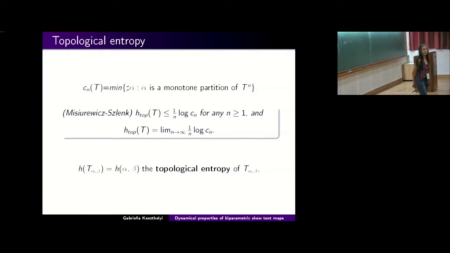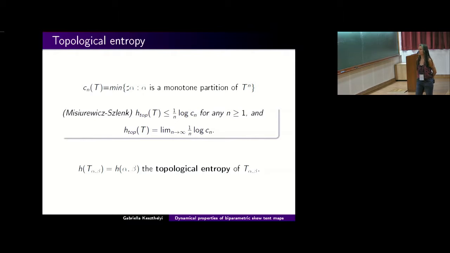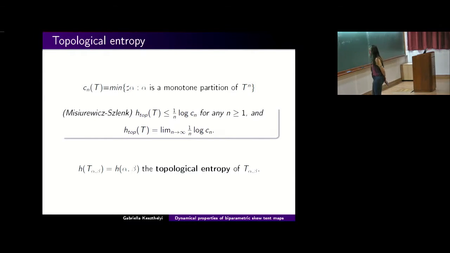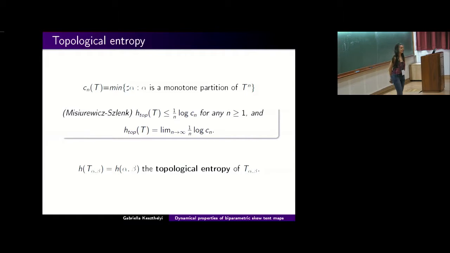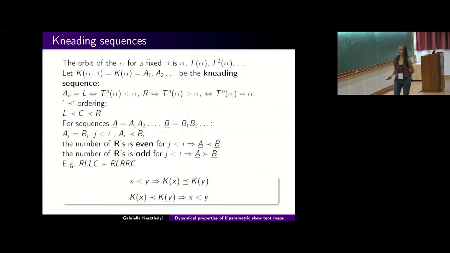And the entropy is simply the limit of the logarithm of this lap number divided by n. That's it. When I use topological entropy, I will mean that, and I will denote it by h(alpha, beta).